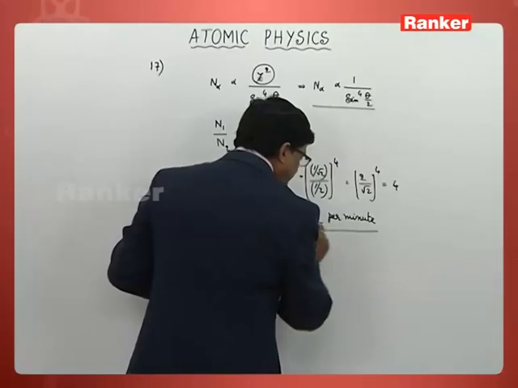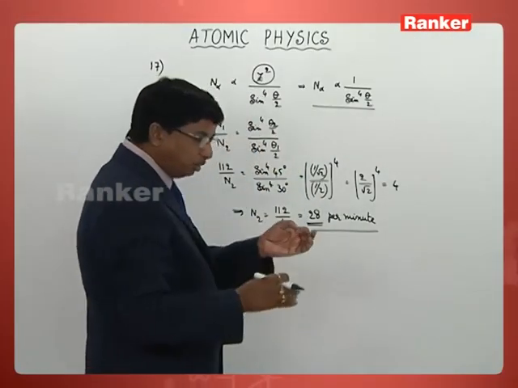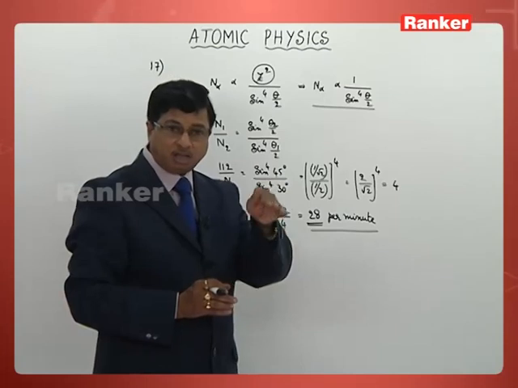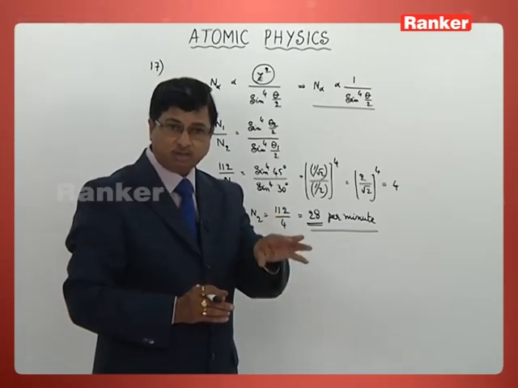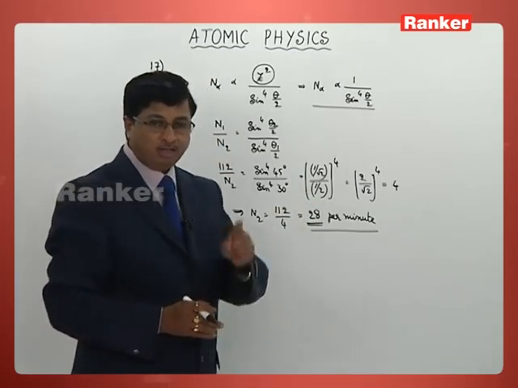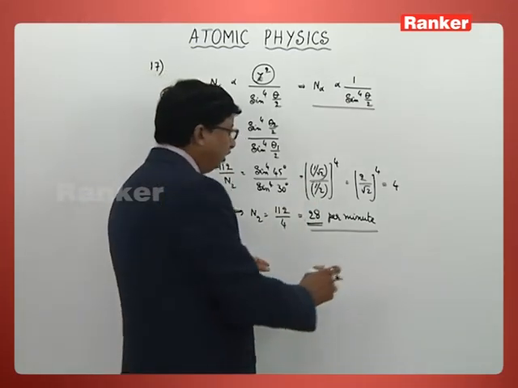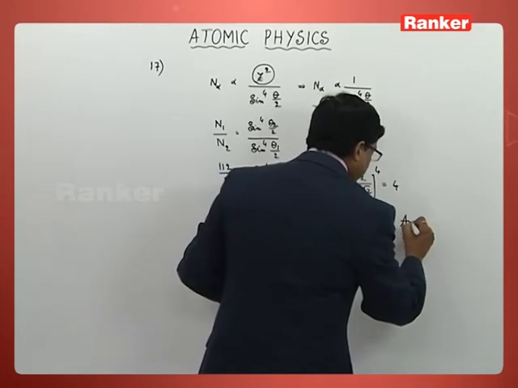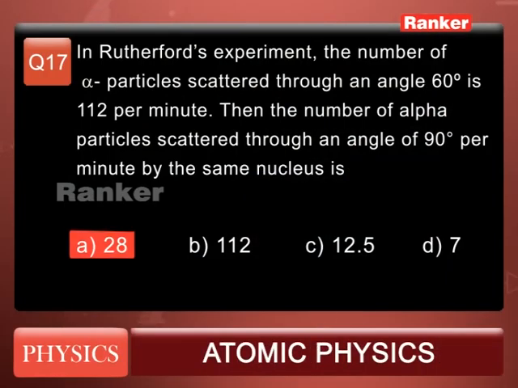The number of alpha particles scattered by the nucleus at 90 degrees is 28 per minute. See the options. This is exactly the very first option mentioned there. So our answer becomes the very first one, that is 28 per minute.